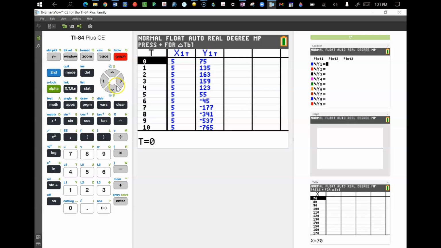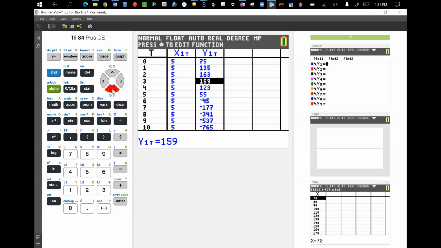And you will see there we have it. At time 0, the object starts at an x-coordinate of 5 and a y-coordinate of 75 because it started 75 feet above the ground. 1 second into its flight, the object is at 135 feet. 2 seconds into its flight, 163 feet. And as we all know, things that go up must come down.